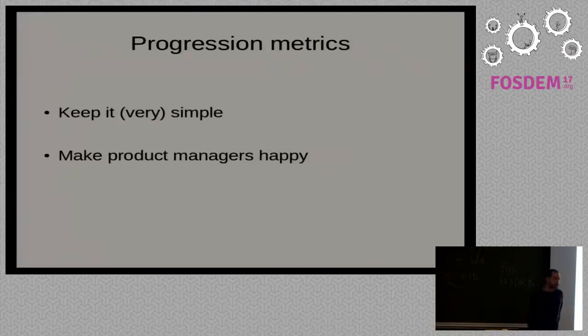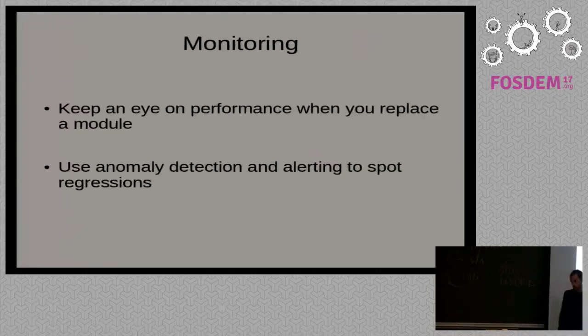And progression metrics, keep it very simple, it's useless. It's just to make managers happy, like non-technical managers. So you give a percentage of your migration, give them dummy data, maybe we don't care. It's really useless. But a migration is a company decision. So everyone has to agree about the process.